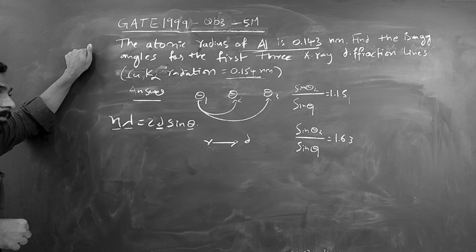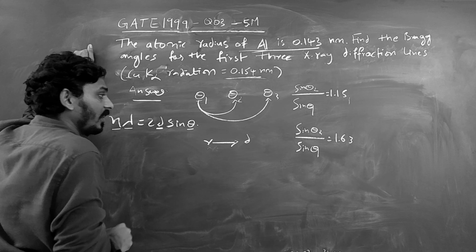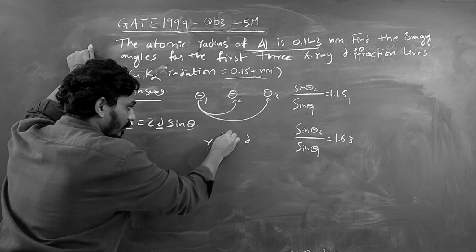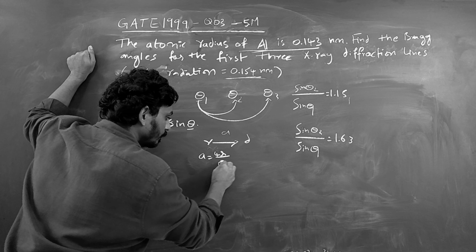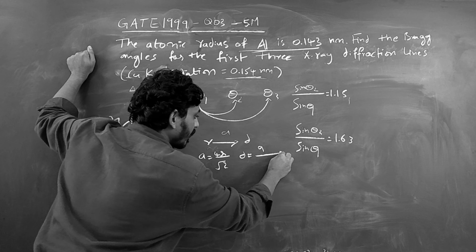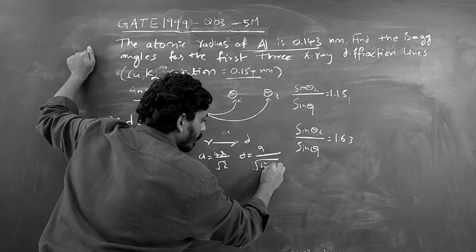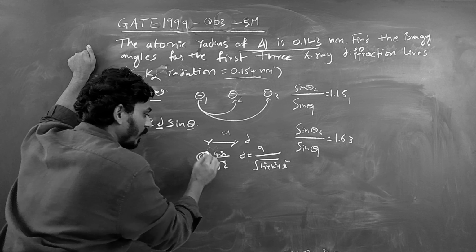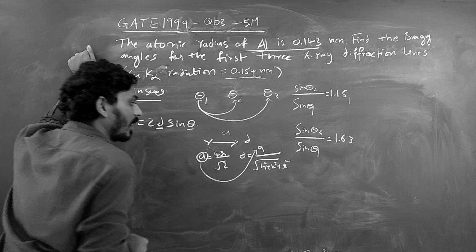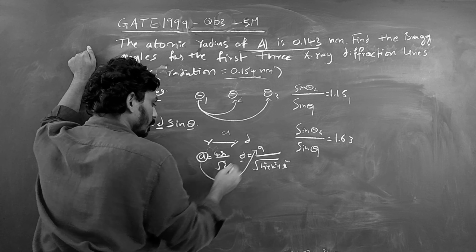How do we calculate? To connect r and d, we have a value called lattice parameter, because a is equal to 4r by root 2 and d is equal to a by root of h square plus k square plus l square. So first calculate the value of a and then put it into this formula, then we can get to know our d value.